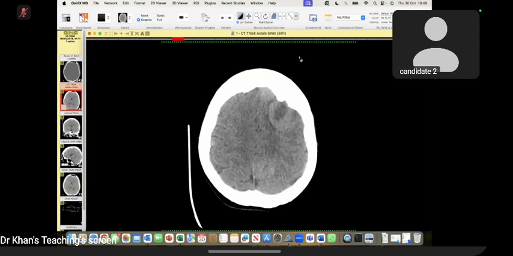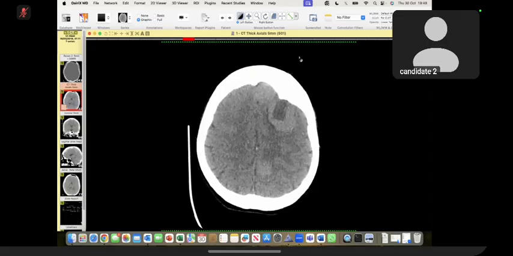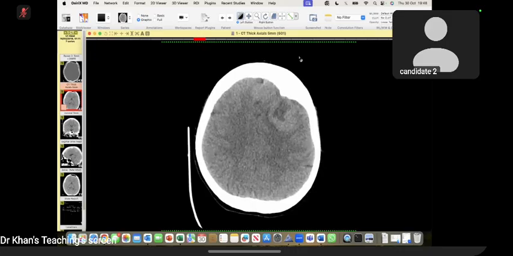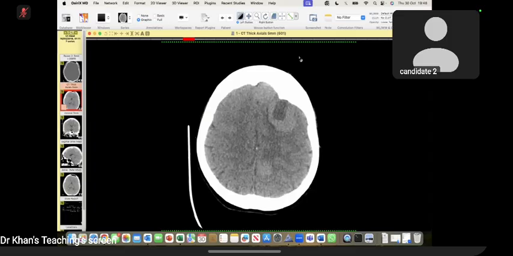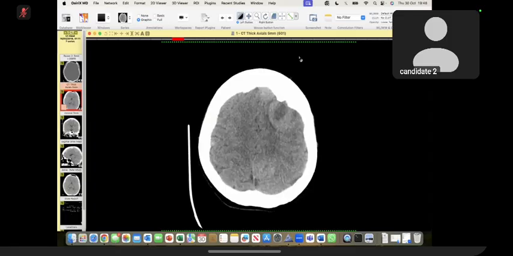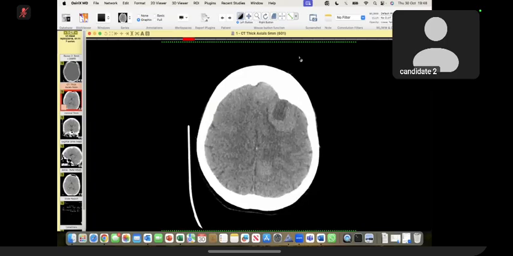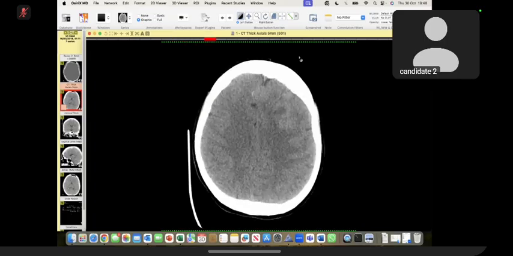non-contrast, demonstrating a few hyperdense areas in the left cerebral hemisphere with central hypodensities. The left-sided sulci and gyri are effaced, raising concerns for left-sided edema. There's subtle mass effect with pressure effects on the midline falx.